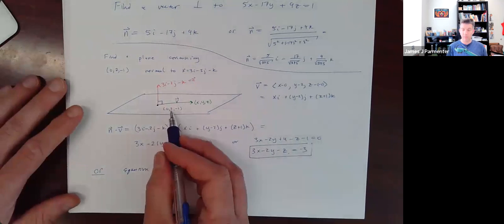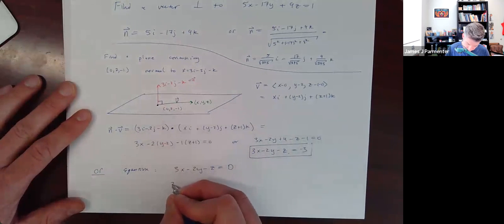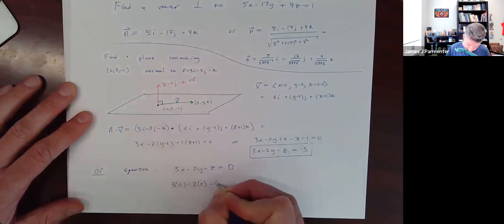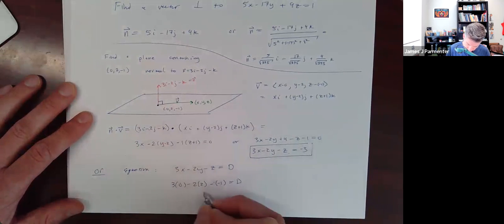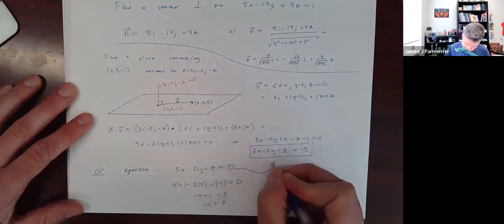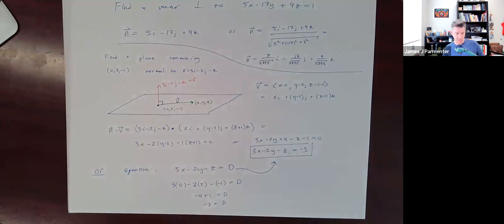And then we're going to plug in the point that's in the plane. So we know that 3 times 0 minus 2 times 2 minus -1 equals d. So that's -4 plus 1, so d equals -3, just like we had over there. So we end up getting exactly 3x minus 2y minus z equals -3.